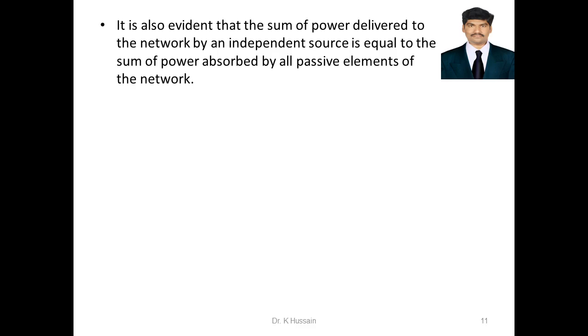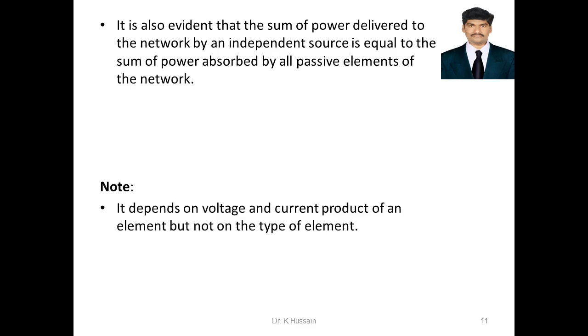The passive elements, like resistor, capacitor and all, are the ones that absorb. Same as KCL, we are taking a similar approach here, but here it is power, not current. The sum of the power delivered is equal to the sum of the power absorbed.